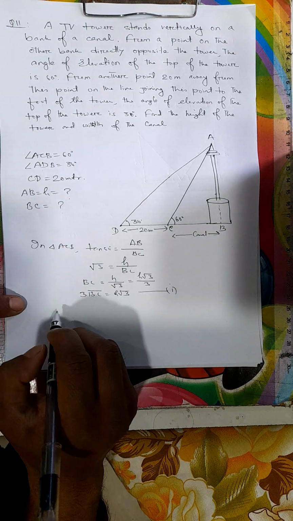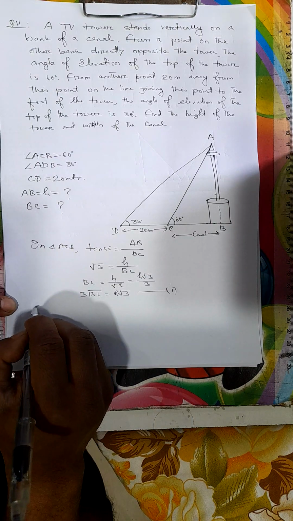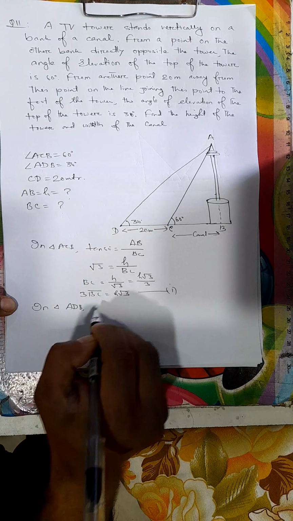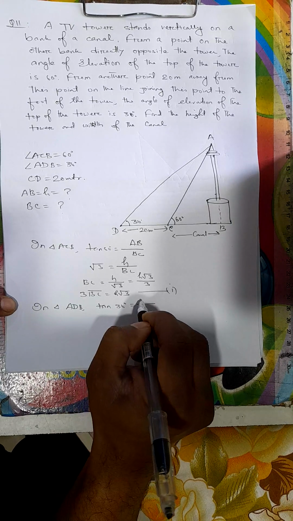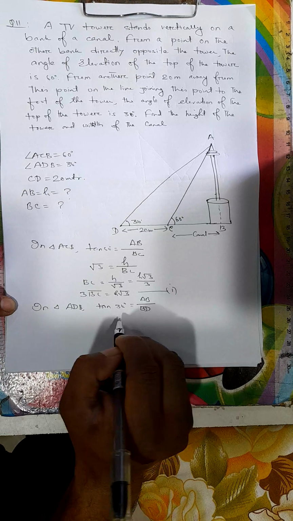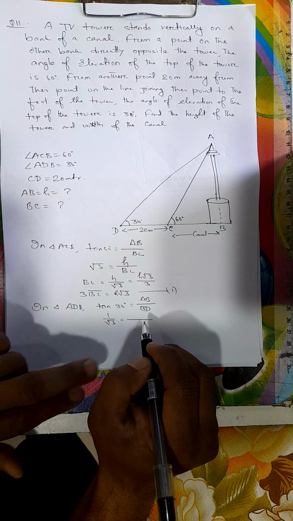Right? Again you come to triangle ADB. In triangle ADB, you can write tan 30 degrees equals opposite by adjacent, BD. Tan 30 degrees means 1 by square root of 3. What is AB here?